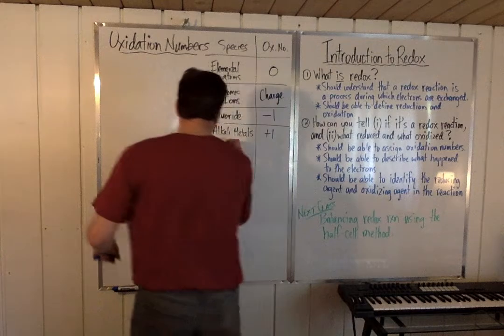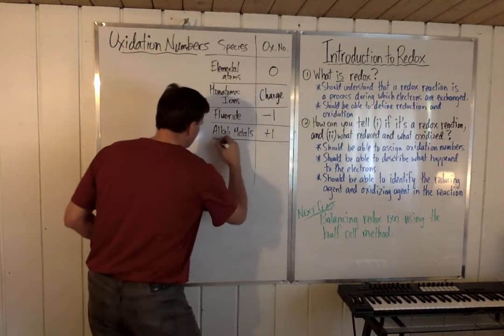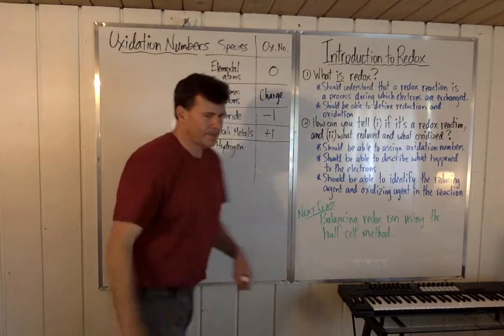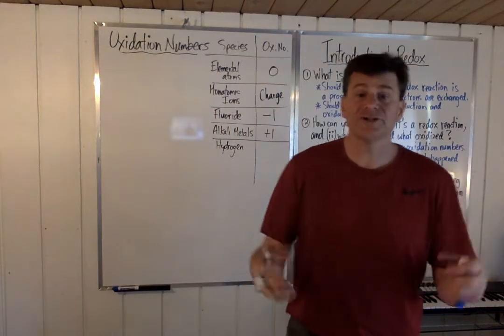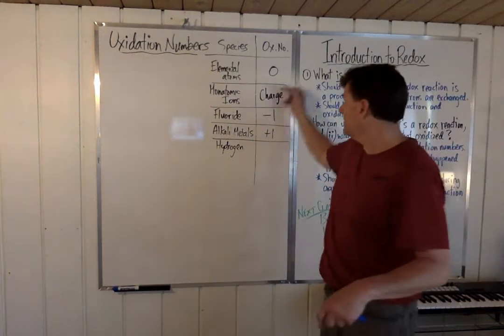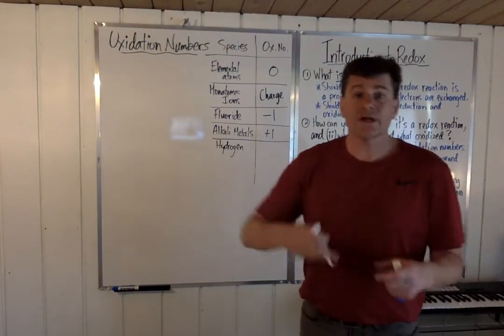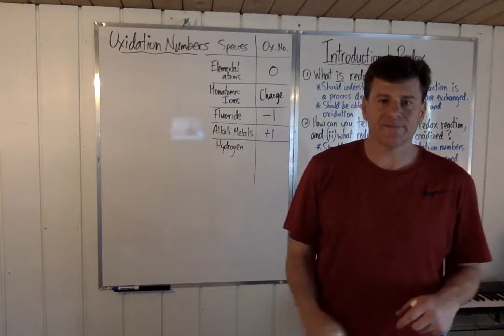The next one on the list is hydrogen. Now, of course, we're not talking about hydrogen in its elemental form. If it was elemental, hydrogen would have an oxidation number of 0. We're talking about hydrogen when it's bonded to something else.